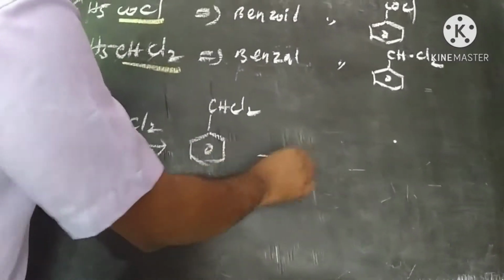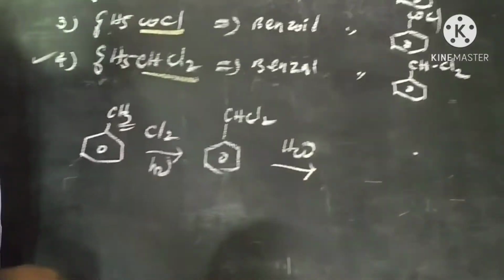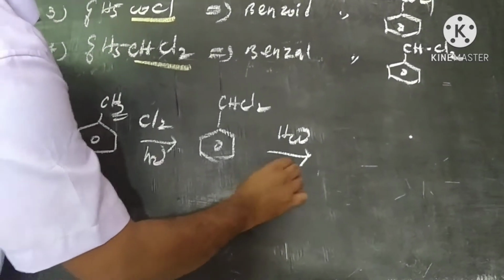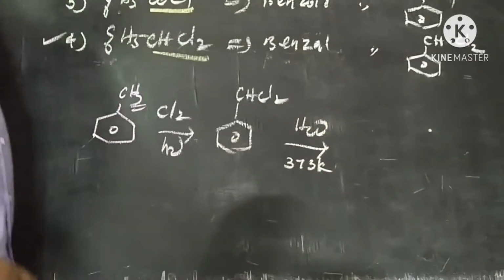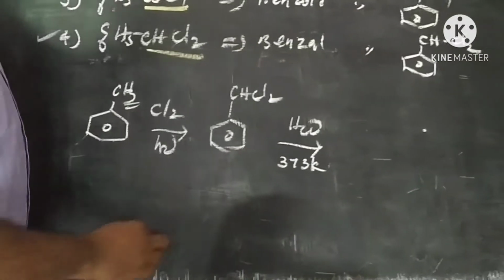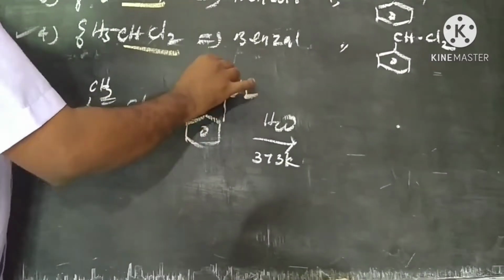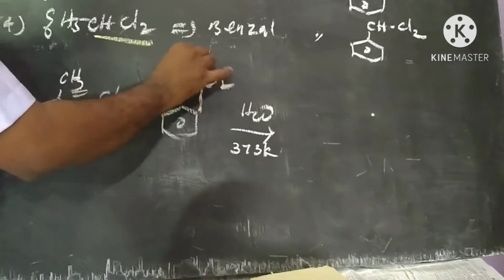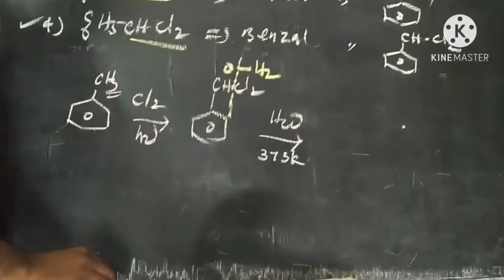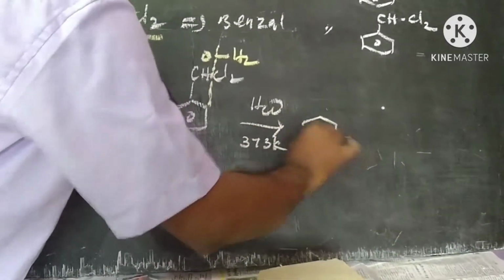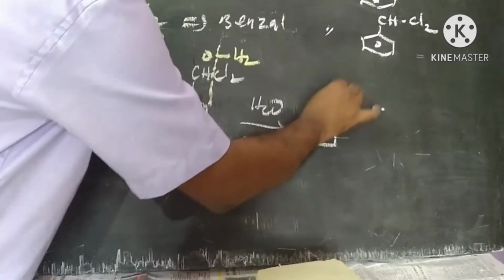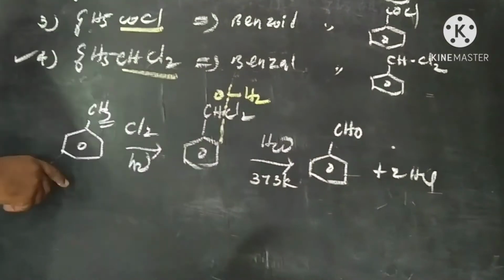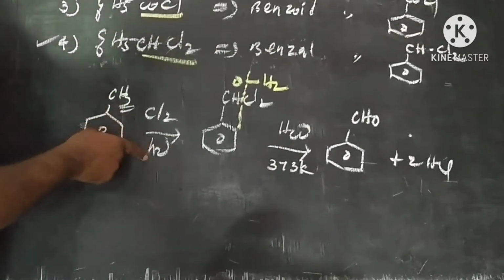This benzal chloride undergoes hydrolysis in the presence of water at 373 Kelvin, giving C6H5CHO plus 2 HCl.